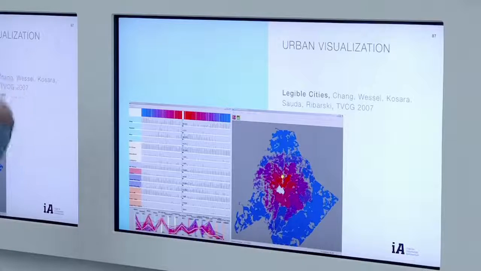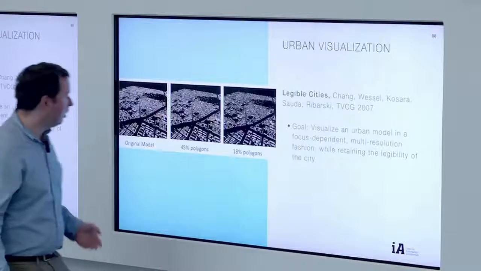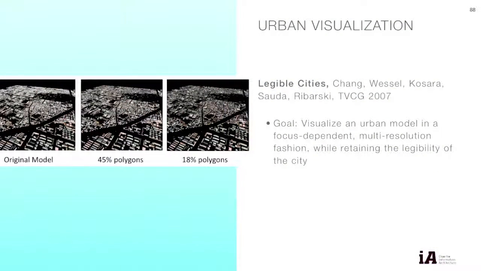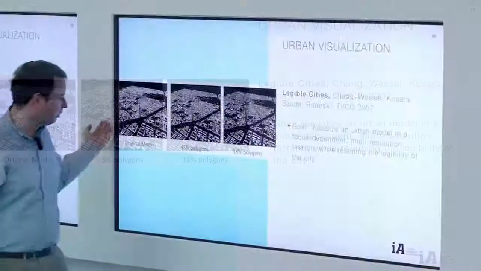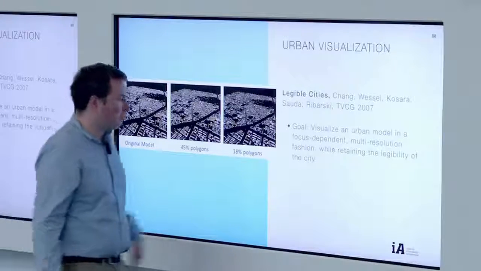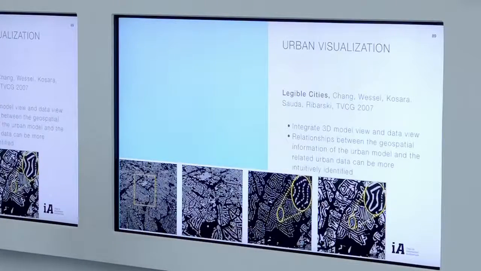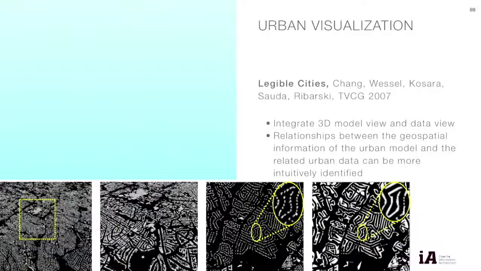Another approach is, for instance, that you make a section through the cities, through different data sets, and depending on that you create a focus-aware city model. You create the optimization only for the actual state where you are, so you can actually reduce the polygons. Focus-dependent, multi-resolution, still looks like a city. In those days, computing a city model of the size of Zurich was unimaginable, so you needed to really reduce the data sets.